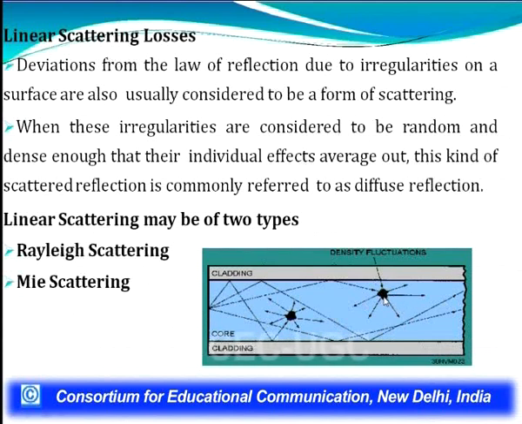When these irregularities are random and dense enough that their individual effects average out, this kind of scattering reflection is commonly referred to as diffuse reflection. The linear scattering may be of two types: number one is Rayleigh scattering and second is Mie scattering.